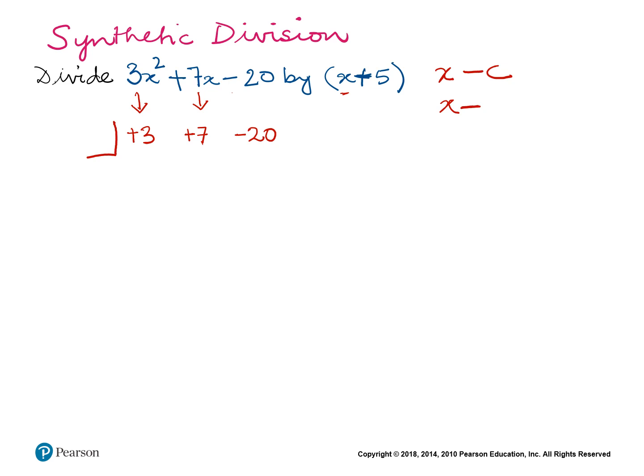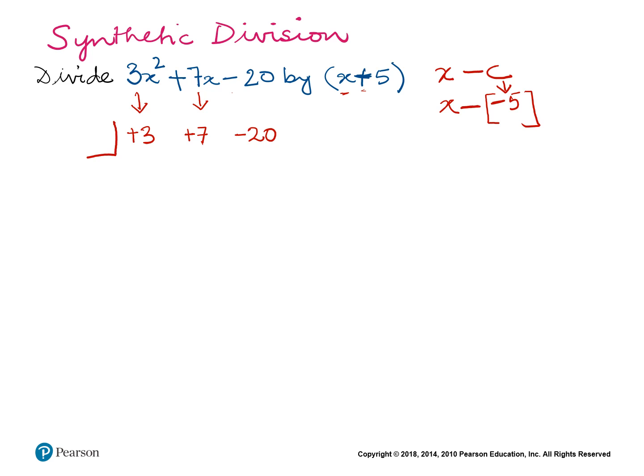So once we extract the minus from the plus, what remains is minus 5, because minus times minus 5 is a positive 5, and we get back the expression of our divisor. But when we put it in x minus c form, the value of c is minus 5.